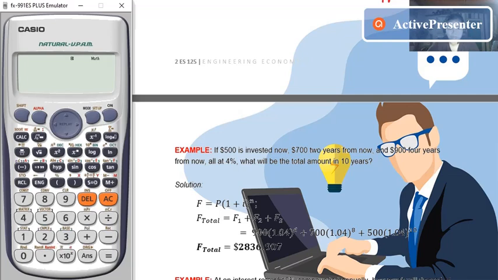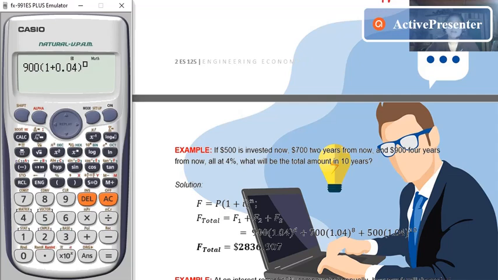So, total for our F1 is 900, our principal, multiplied by 1 plus 0.04, that's 1.04 raised to, for the 900 we have 4 years from now.